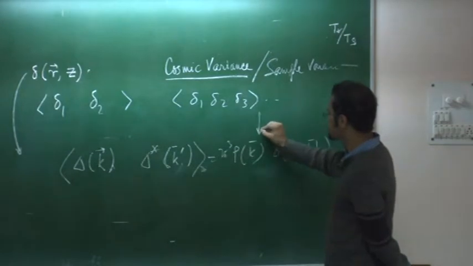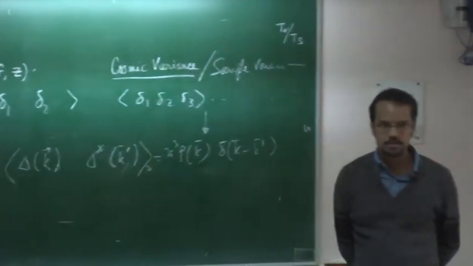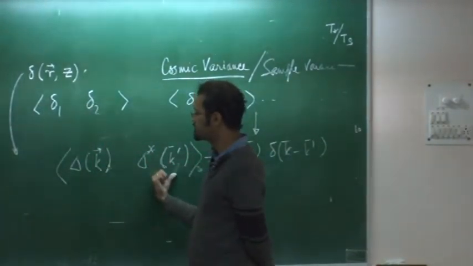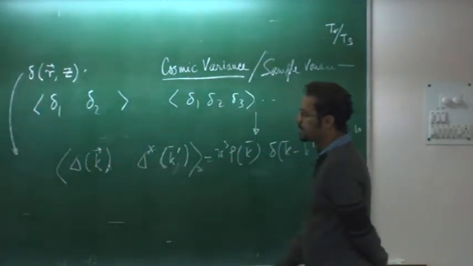So this is the definition of the power spectrum: these quantities taken in Fourier space and then the ensemble average.